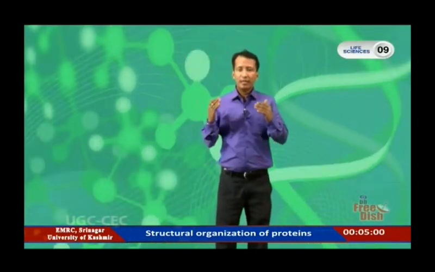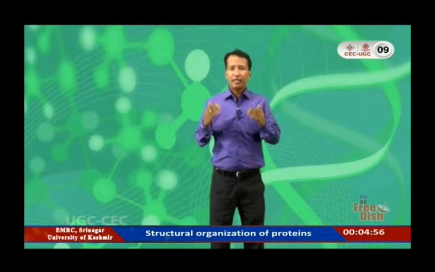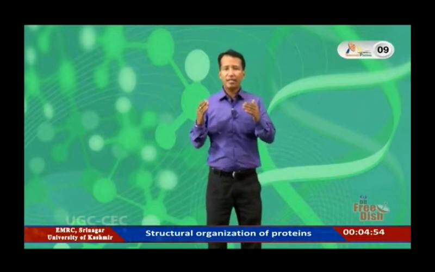The interior of myoglobin is made up of nonpolar residues such as leucine, valine, methionine, and phenylalanine. However, charged residues such as aspartate, glutamate, lysine, and arginine are absent. Only 2 histidine residues are found in the interior, which play a critical role in the binding of iron and oxygen.